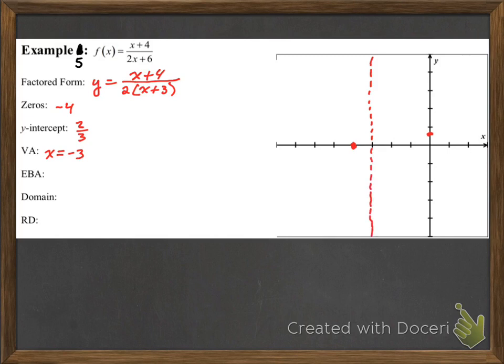The end behavior asymptote, well, if you look at the degree of the numerator and the degree of the denominator, they are both 1. So if you take the leading terms, x over 2x, that reduces to 1/2. So y equals 1/2 is our horizontal asymptote here.